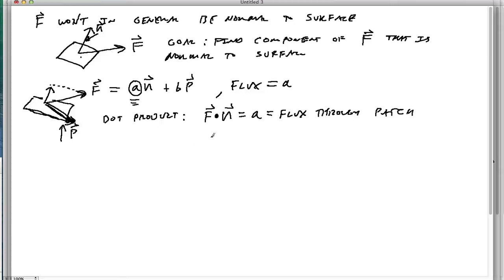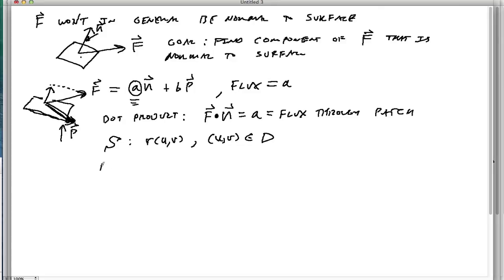All right, so remember now we have a surface, and everywhere on that surface is defined. It can be written as the set of R of U and V, such that U and V are in this set D. That's how we define it.